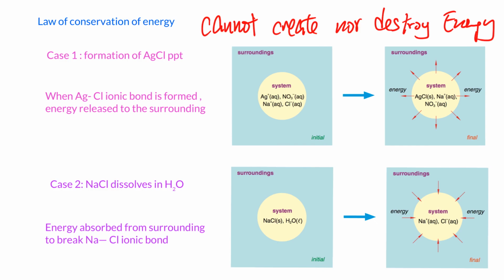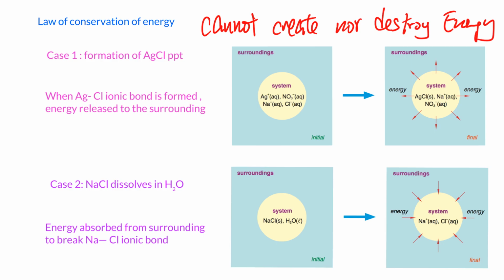So in case 1, the formation of silver chloride precipitate. In the system we have the silver nitrate and sodium chloride. As we mentioned, when they combine, an AgCl ionic bond is formed. During this bond formation, some energy is released.